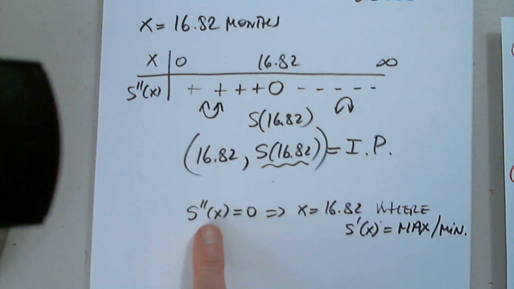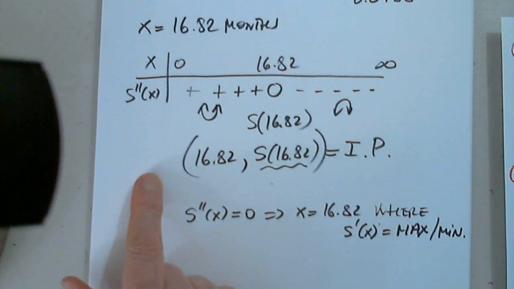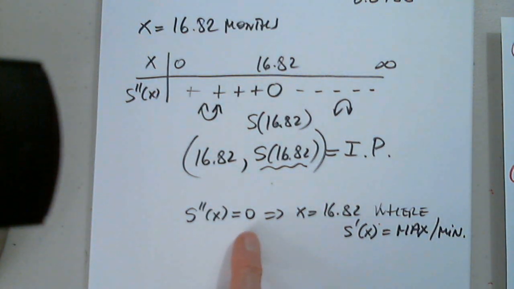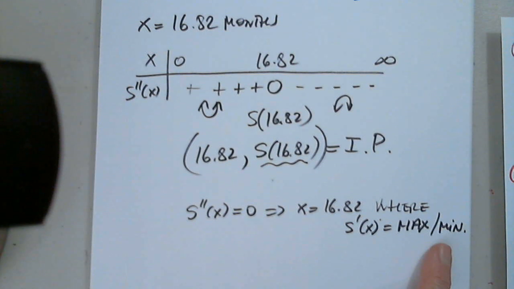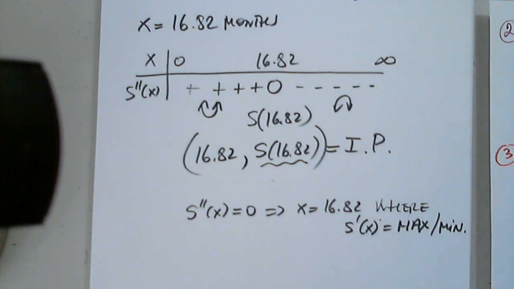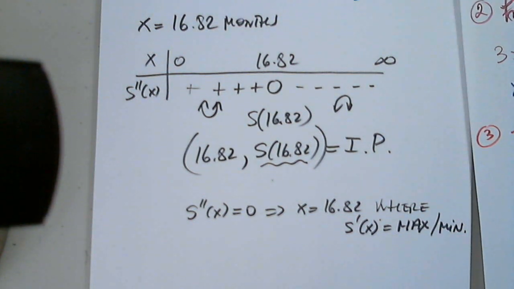Because when we analyze the second derivative, we are basically thinking of the first derivative. So when the second derivative is 0, then the first derivative has to have a max or min. So that's what the question is asking us here.